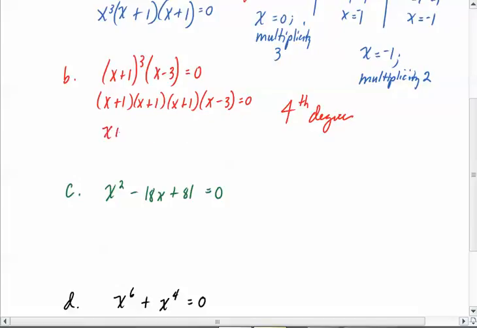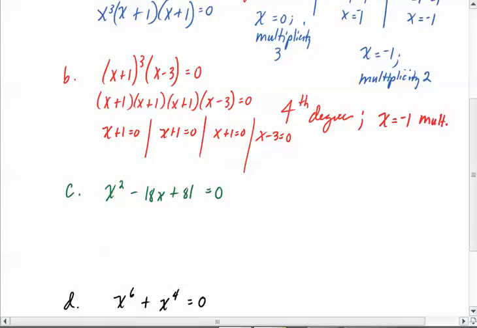What I'm going to do is set every factor equal to 0. Now I know that this is not necessary, but I'm just writing it out for you. So we basically have this. We have x is -1 with a multiplicity, I'm going to just abbreviate, 3, right?